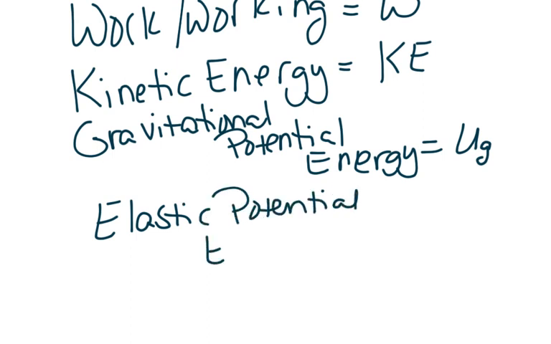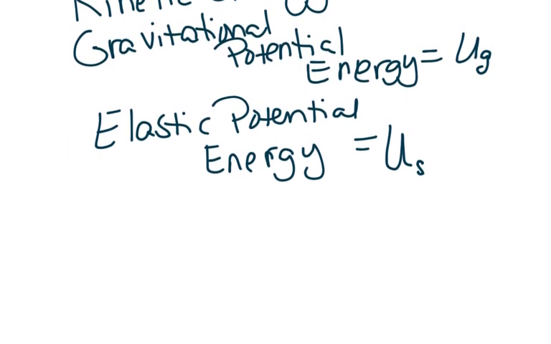Or you'll hear me call it spring potential energy, and that's only because our variable is U with the subscript S, so it's easy to think of S for spring, and if it's springing material.